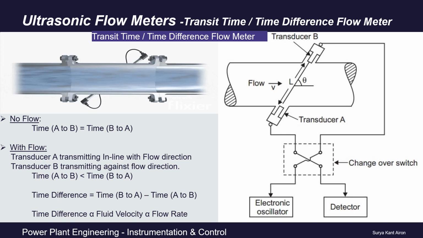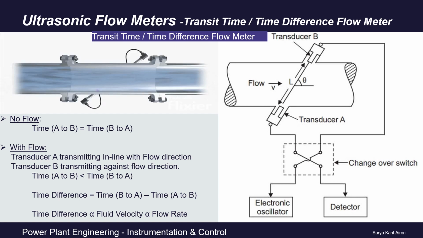Now, as the transducers are installed inclined to the pipeline on opposite sides facing each other, one transducer will be transmitting in the direction of the fluid flow, while the other will be transmitting against the fluid flow direction. Here, fluid flow in our example is from left to right, as shown in the figure. So transducer A is transmitting with the flow direction, and transducer B is transmitting against the flow direction.